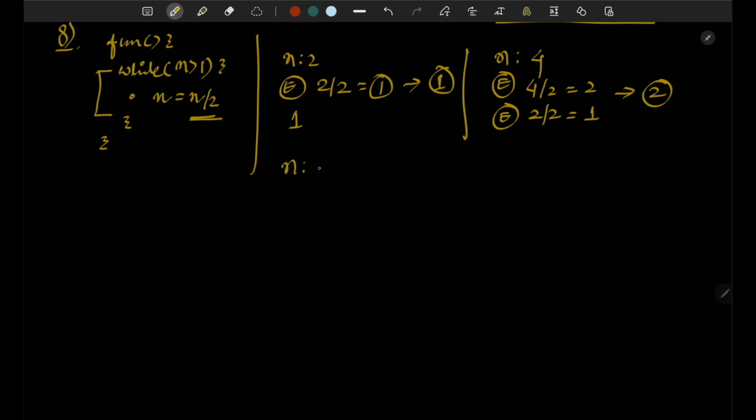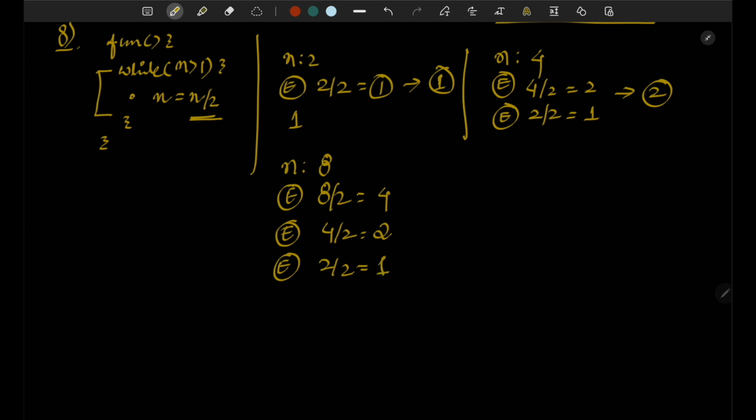Similarly, now let's try to put value 8. We have one execution wherein we divide it by 2, the value becomes 4. We enter and execute again, we divide it by 2, the value becomes 2, and again we enter inside the loop, we do the execution, we divide it by 2, the value becomes 1.